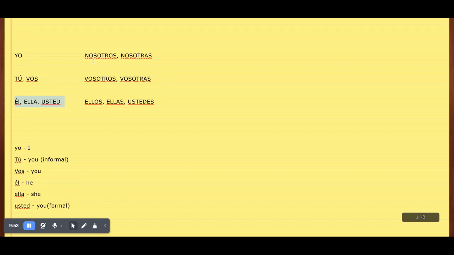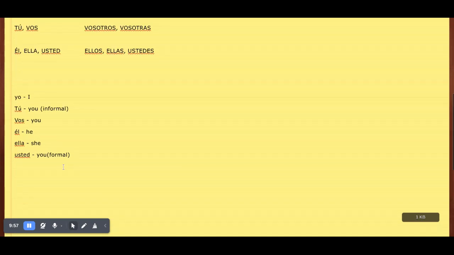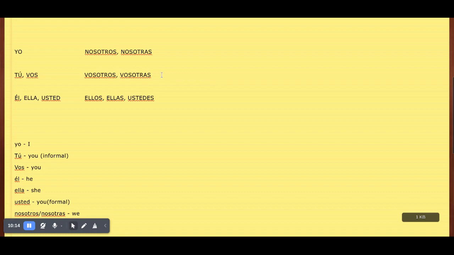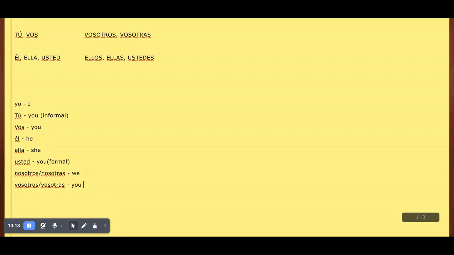So now here we got nosotros and nosotras. These both mean we. And we'll discuss the difference between these in a minute. Vosotros and vosotras. Sticking with the theme, you could see that this is second person plural, so this is going to mean you guys.